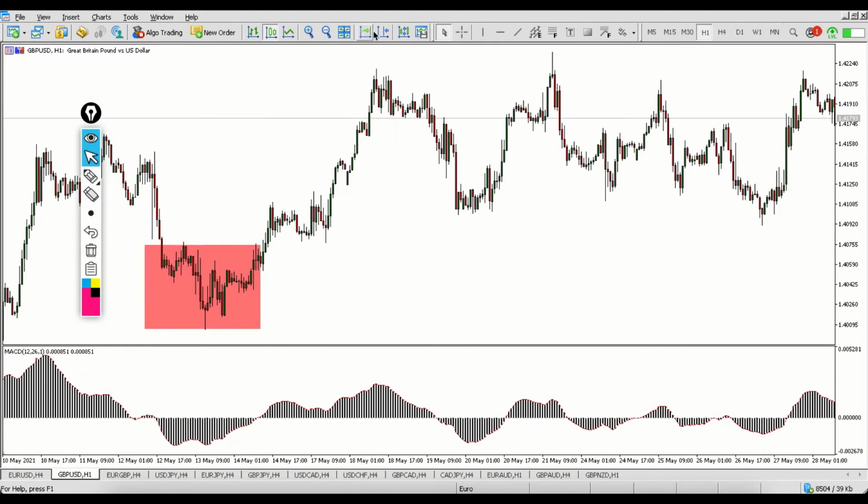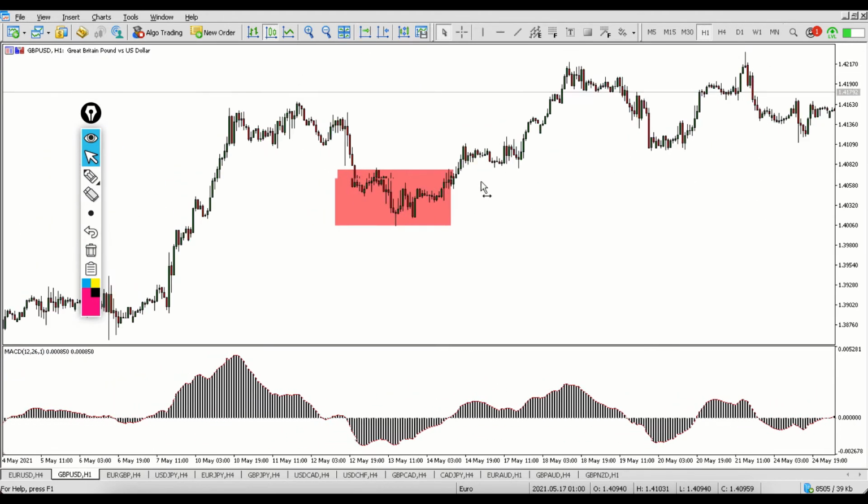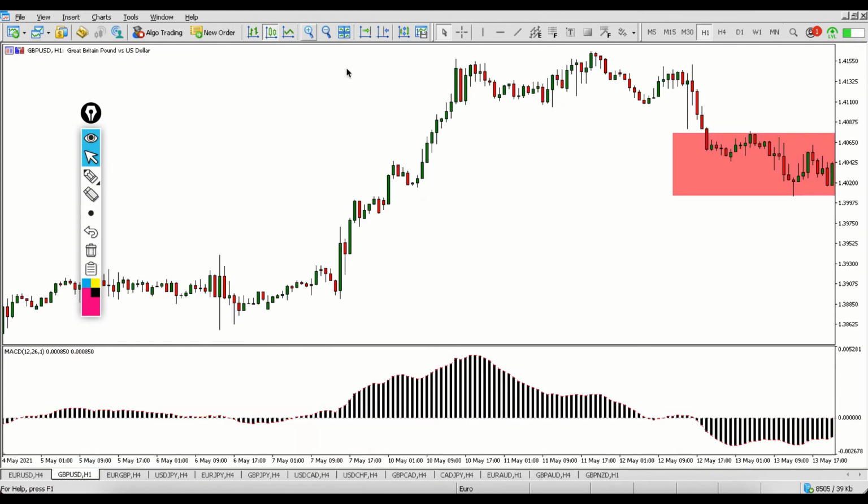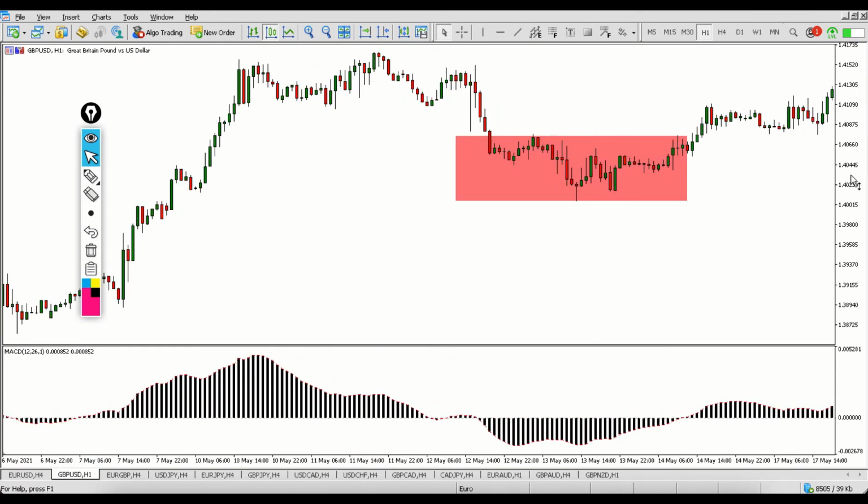So if we go back to this moment in time, right here, let me just zoom in so we can see that even better. Like I said, this is our initial impulse. Price then holds sideways for a little bit. It then makes a pullback. Now on this pullback here, what we see is that we have a low followed by a lower low, right?